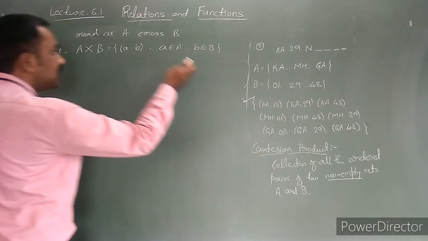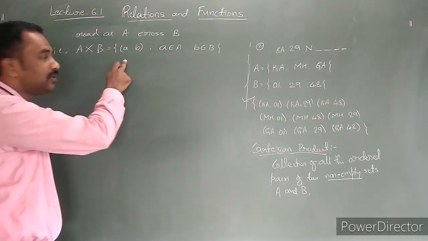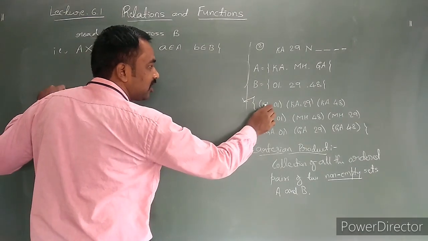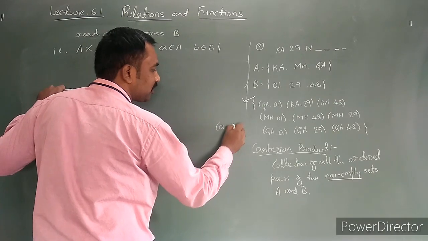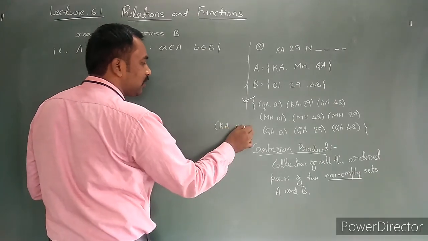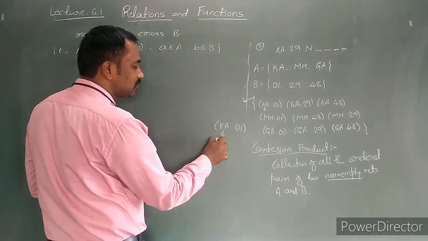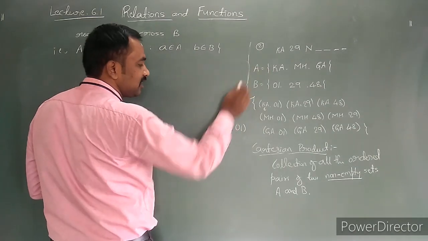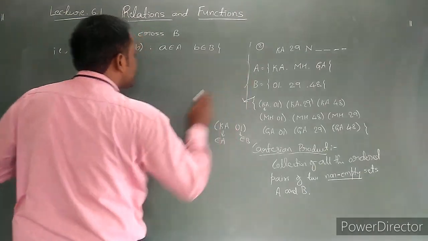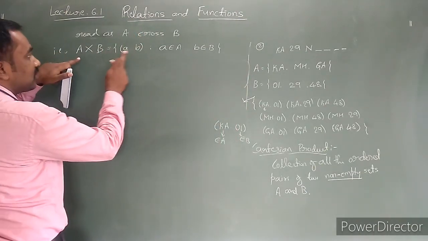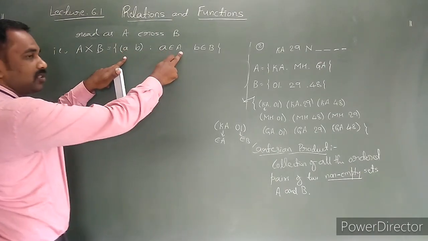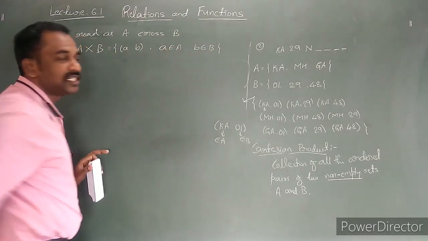Now, the general form of this Cartesian product is nothing but the set builder form. The first element of the ordered pair, in that ordered pair, for example (a, b), the first element belongs to the first set A, and the second element belongs to the second set B. In that manner only, so it is denoted by A cross B. In that ordered pair, the first element must belong to the first set, and the second element must belong to the second set.